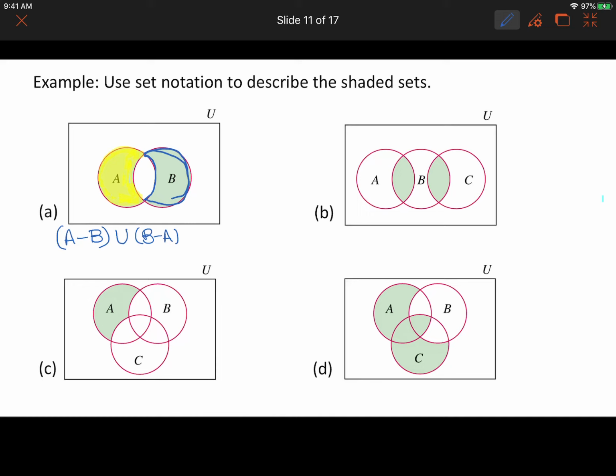So I want the things in the complement of B with respect to A over here, or in the complement of A with respect to B over there.